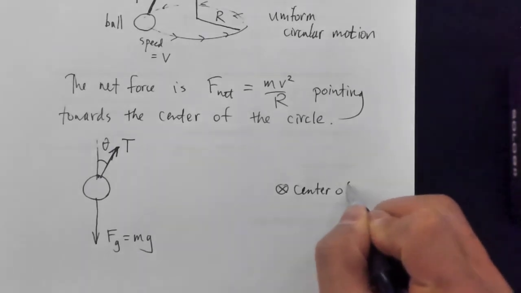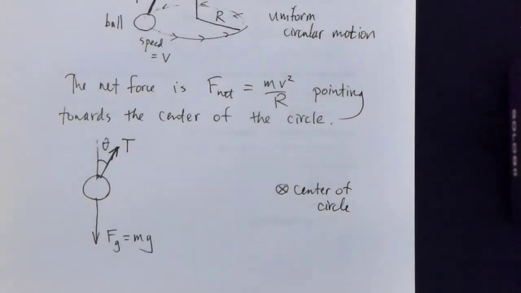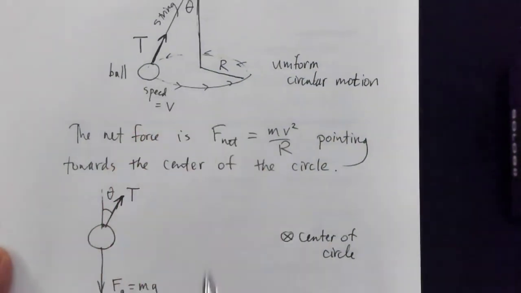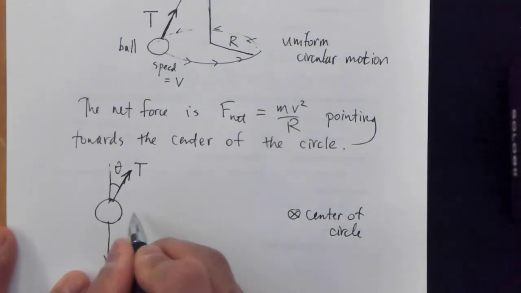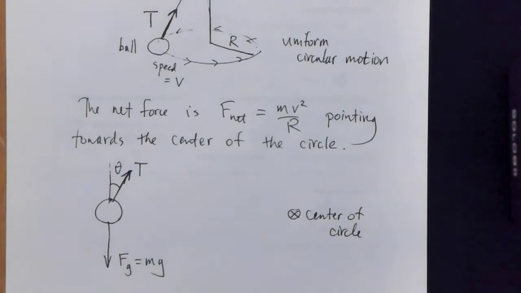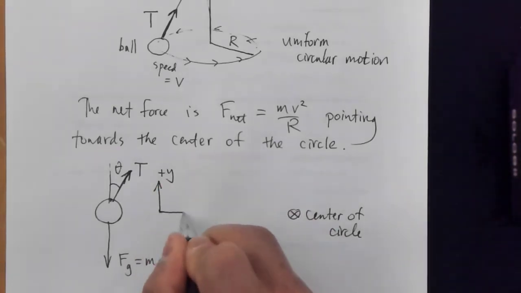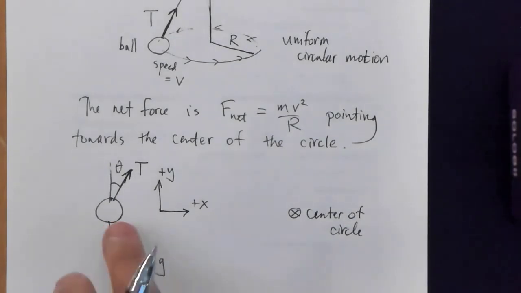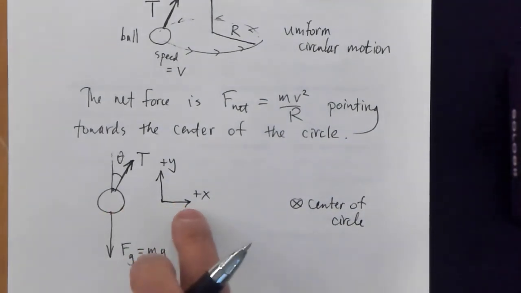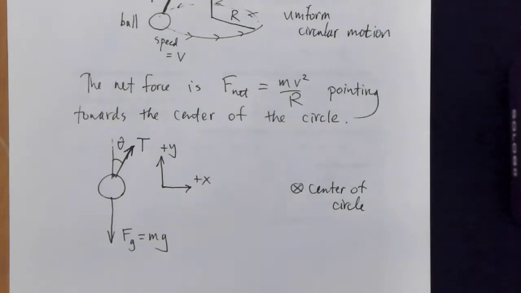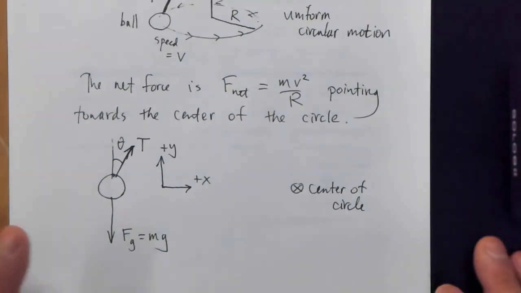Okay, and so the slightly complicated thing is, notice it has to point exactly towards the center of the circle. So it's horizontal. The net force has to be pointing in the horizontal direction. Does everybody follow that? Okay. So if I draw some axes, positive y, and this positive x, then what we need is the net force to be pointing only in the x direction and pointing directly towards the center of the circle. Okay. Questions about this? Pretty good.